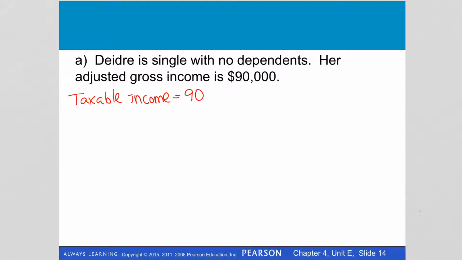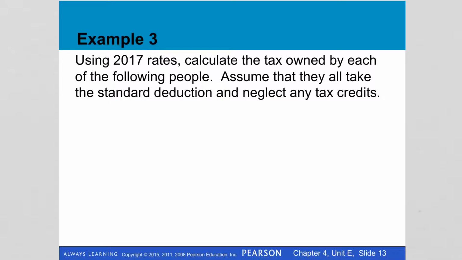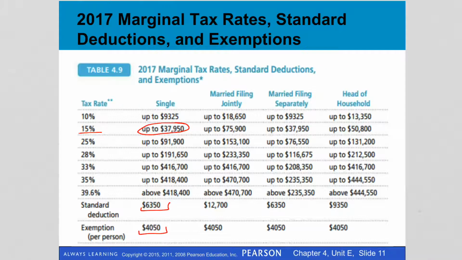We take the $90,000 and we subtract off, it says she was single. So single up to, it's $90,000, so up to $91,900. That puts her in the 25% tax bracket.